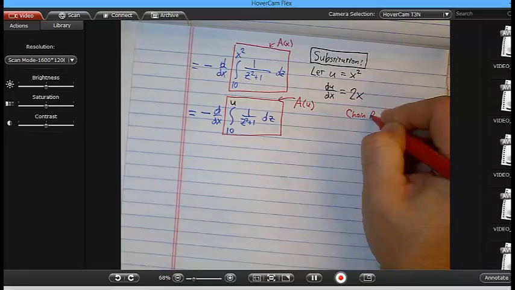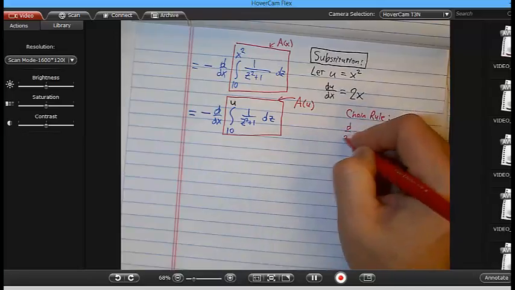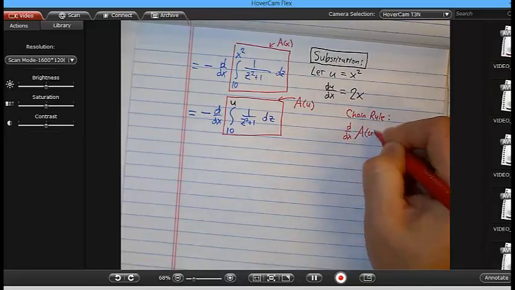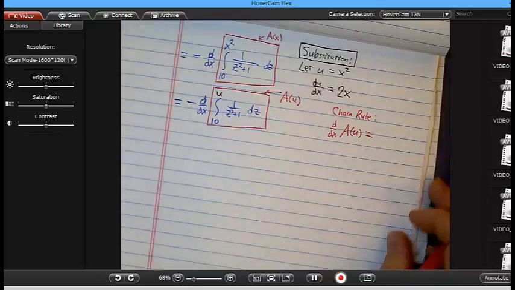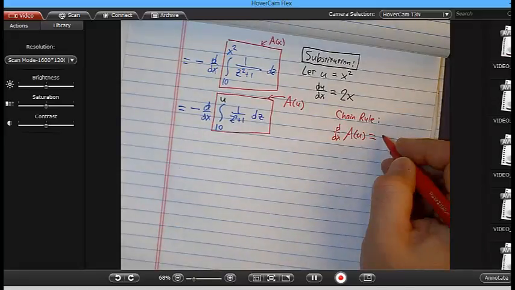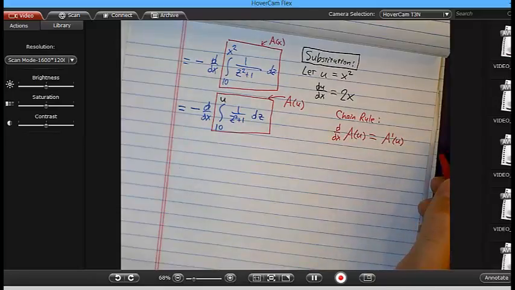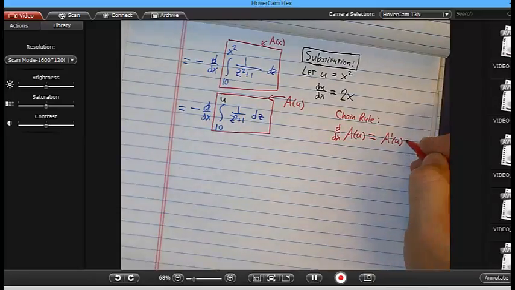The chain rule tells me how to find the derivative of a function of a different variable. How do I do it? Ding dong, right? So it will equal A prime of u, that's ding, but what else do I need to multiply by?